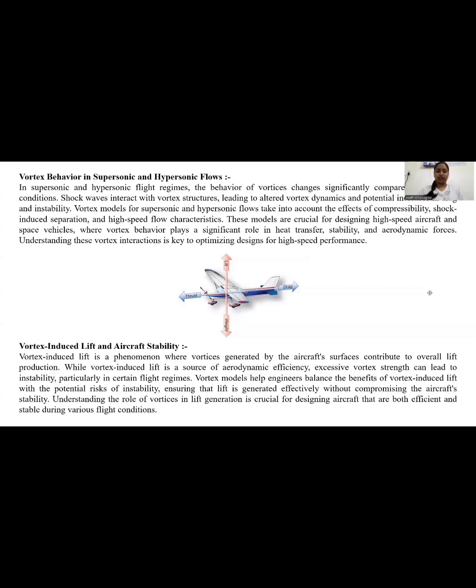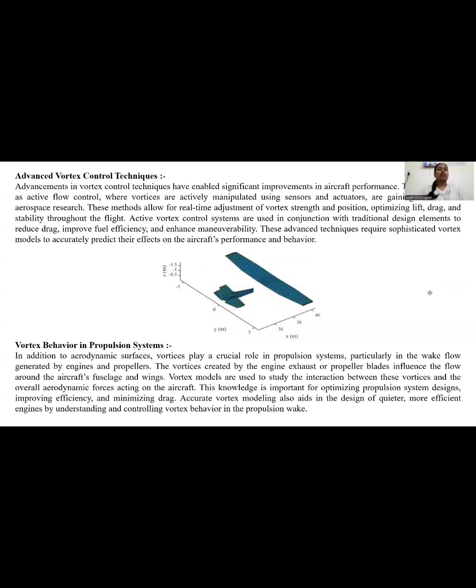Advanced vortex control techniques. Advances in vortex control techniques have enabled significant improvements in aircraft performance. Techniques such as active flow control, where vortices are actively manipulated using sensors and actuators, are gaining attention in aerospace research.